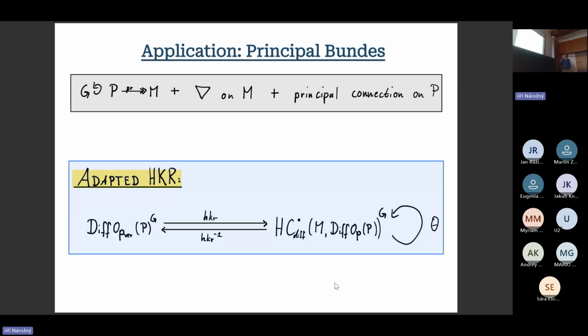Then, just by combining the two results from before, the Lie group action example and the surjective submersion version, you immediately get an adapted HKR theorem. What you get now is that the invariant Hochschild cohomology of M with values in the differential operators on P is given by the invariant vertical differential operators on P.